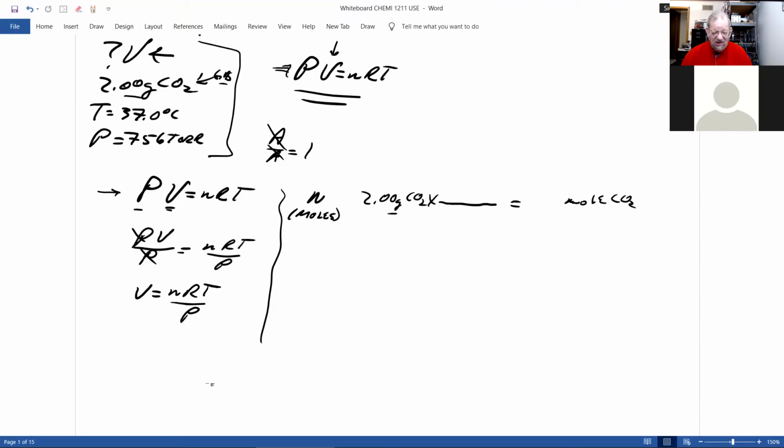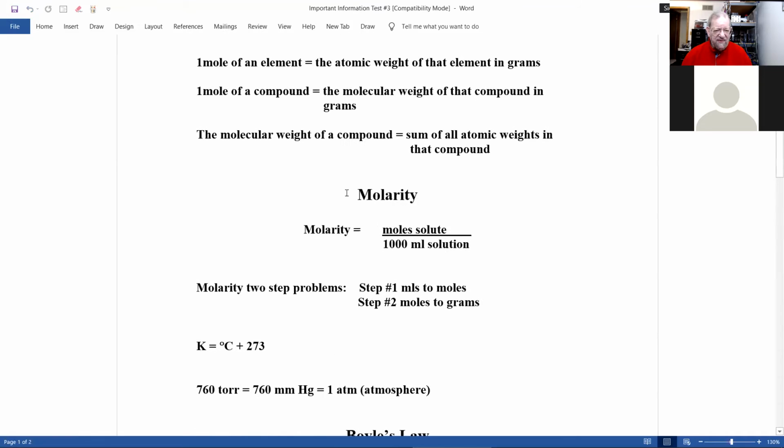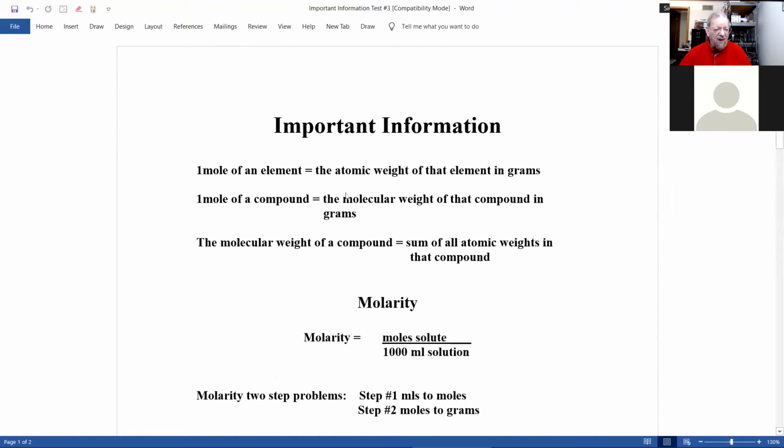Well, it's time to look at important information, test number 3. 1 mole of a compound, and CO2 is a compound, equals the molecular weight of that compound in grams. And the molecular weight of the compound is the sum of all atomic weights. So remember, 1 mole of a compound equals the molecular weight, and the molecular weight of a compound equals the sum of all atomic weights.